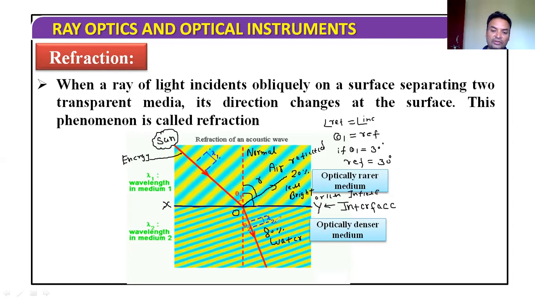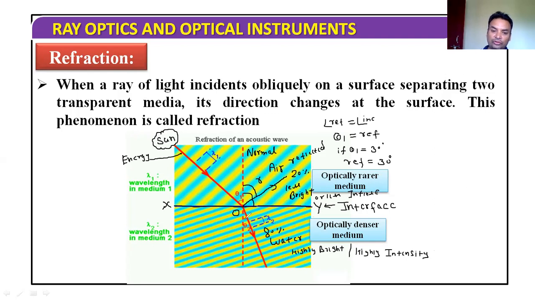But this refracted light is highly bright, or highly intense. Intensity is a term related to the brightness of the object.